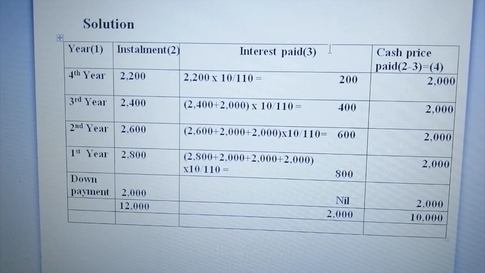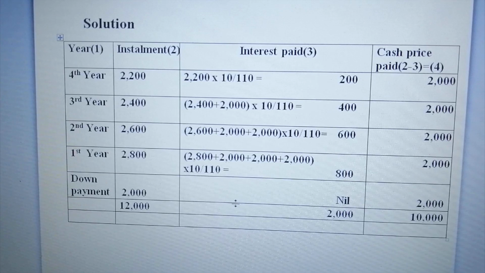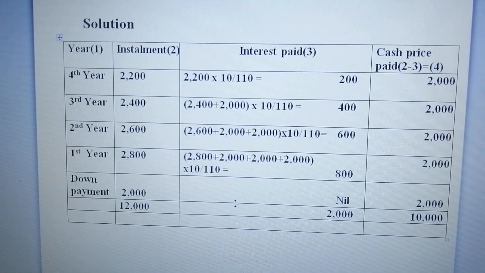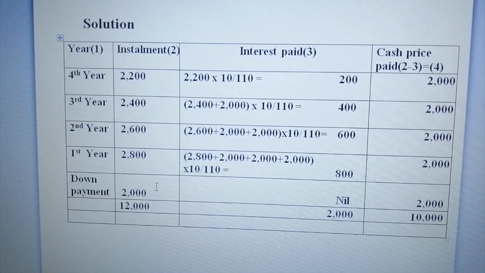Now we have taken up all the four installment amounts. In addition to these installments, 2000 rupees was paid as the down payment. Already I told you, down payment is an amount which is paid at the time of signing an agreement. It does not carry any interest. That's why it is not necessary to calculate interest for down payment.